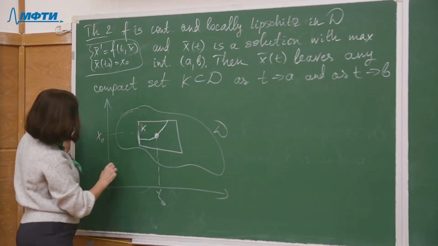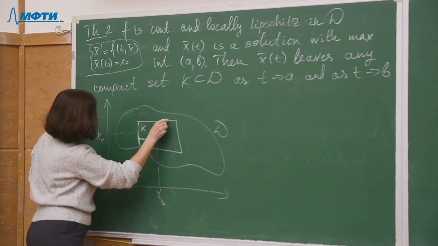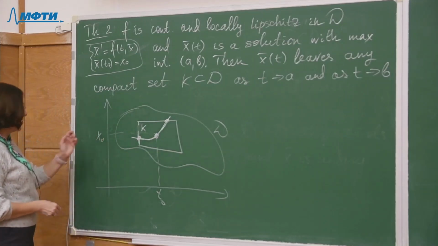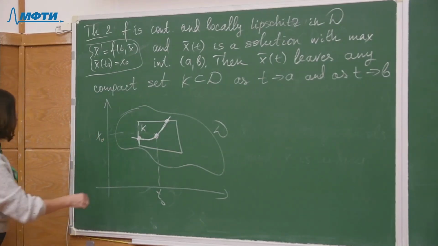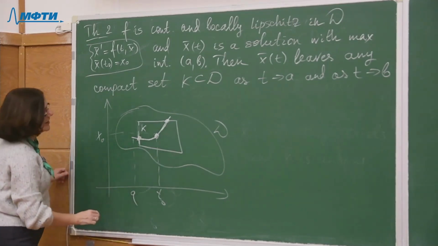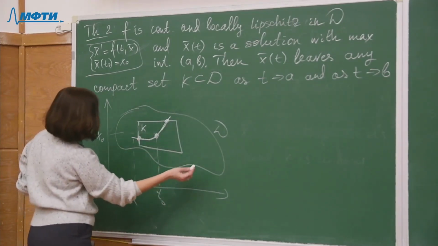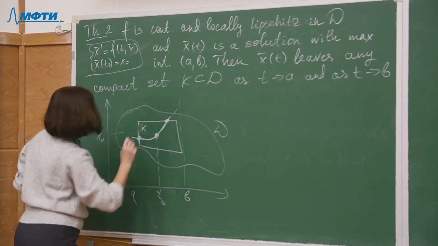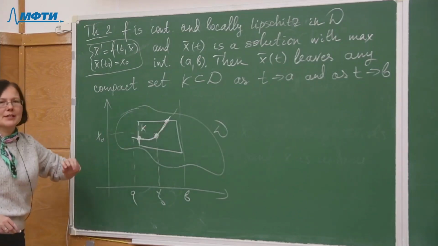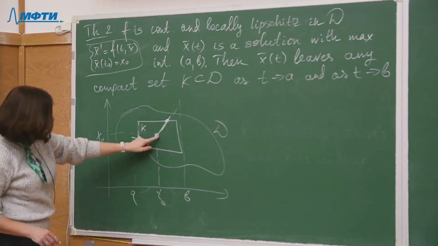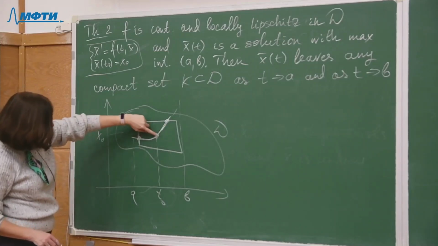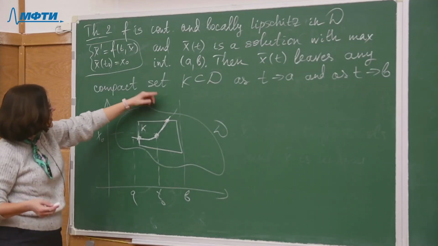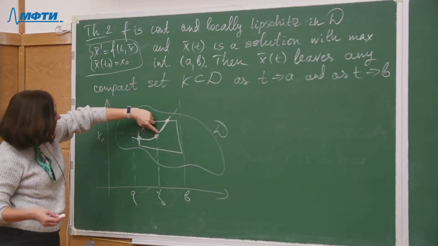This is K. This is A, and now what is B? Well, B may be somewhere here. So, leaves any compact set: if we start at this point and go along the integral curve, we must leave. So this theorem guarantees that we leave this compact set.